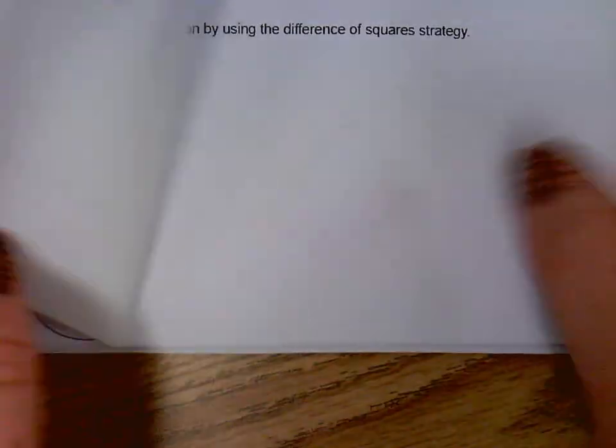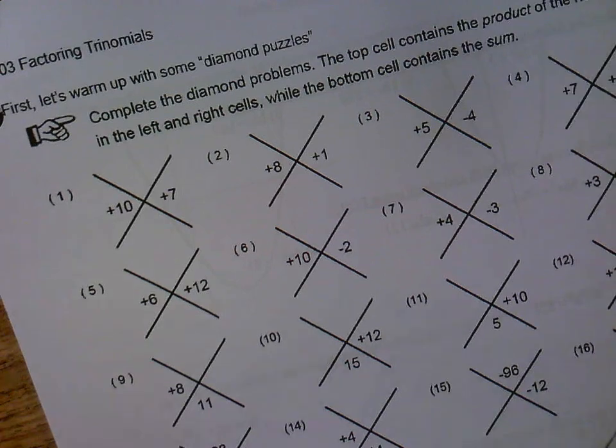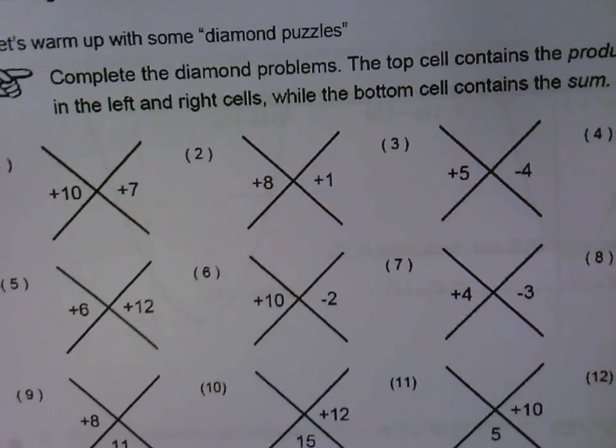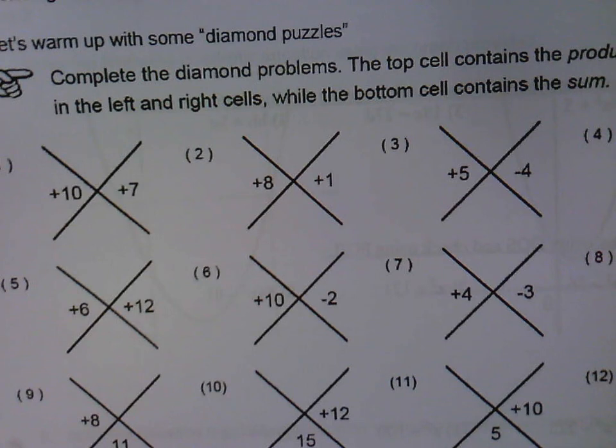I'm going to teach you a new strategy today, but first, we're only going to do the diamond puzzles that have the X today, and we're going to save the diamonds at the bottom for tomorrow, so resist going ahead. But I want to show you what a diamond puzzle is. Have you ever seen these before? So a diamond puzzle is going to help us with our factoring in a minute, but we need to know how to solve a diamond puzzle first.